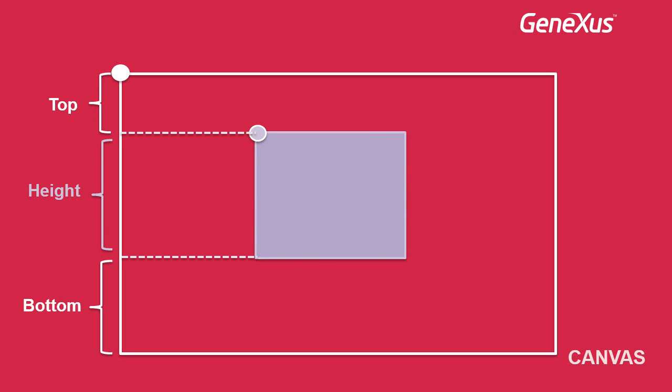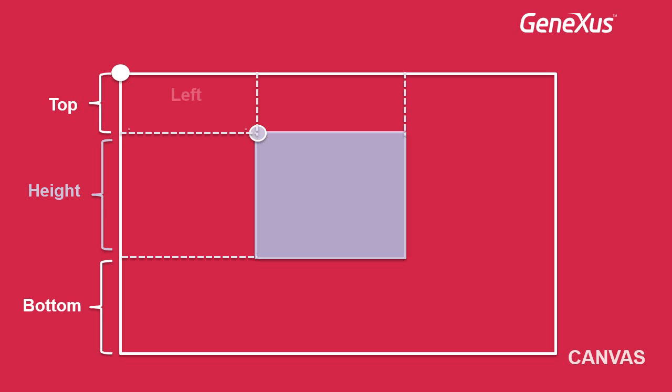Overall, this control is like a table, but it has a special name, canvas. When there's a canvas control in the layout, all the controls inserted within it will have absolute positioning in relation to the edges of the canvas. So, if we insert this control, we will have to set the distance from the upper edge, top, control height, height, and distance from the lower edge, bottom.